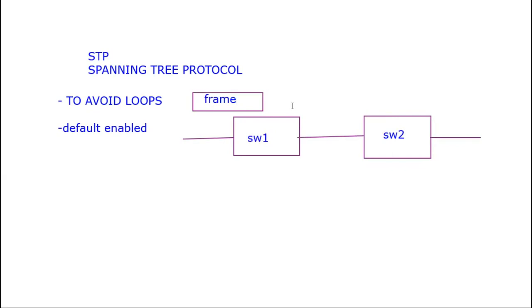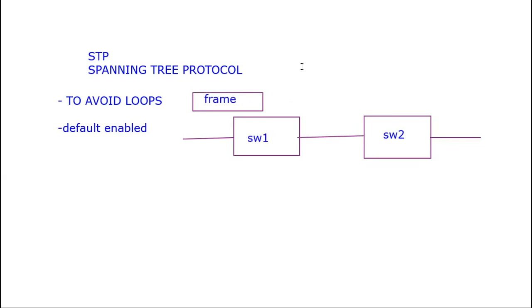So it will not send the frame directly, it will send an ARP request in case it's unknown. But if it is particularly for broadcast MAC address FFFF, then it will broadcast. So in two cases, either if the destination MAC is unknown or if the destination MAC is a broadcast MAC address, in that case, there are chances of loops.